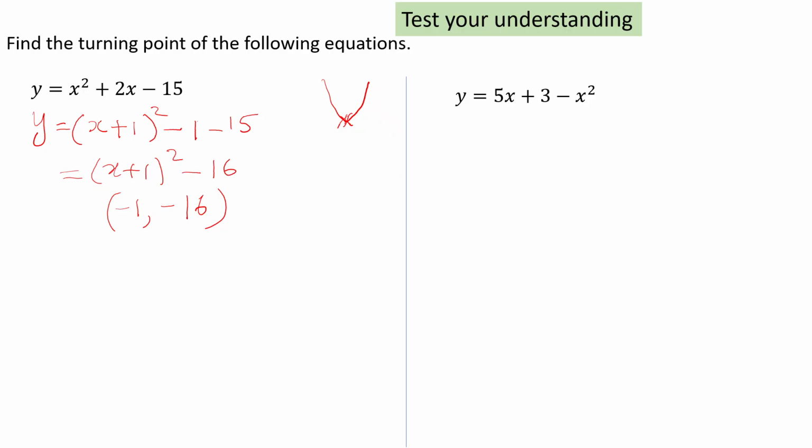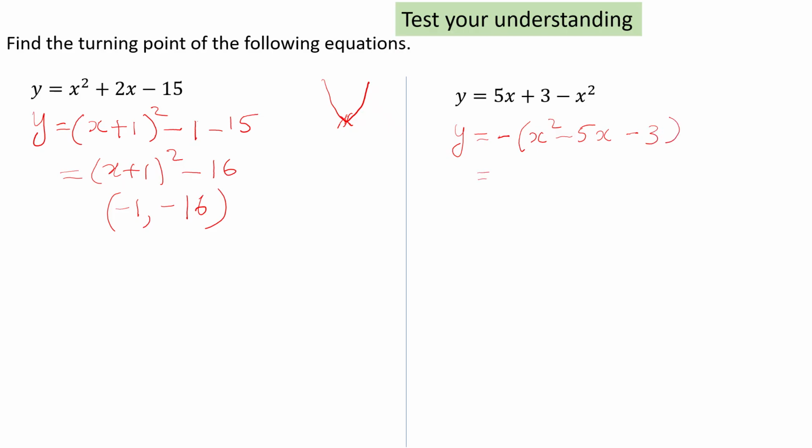Next one, y equals 5x plus 3 minus x squared. To find the turning point, we need to complete the square. Before completing the square, I'm going to take the negative sign outside the bracket. So negative (x squared minus 5x) plus 3.